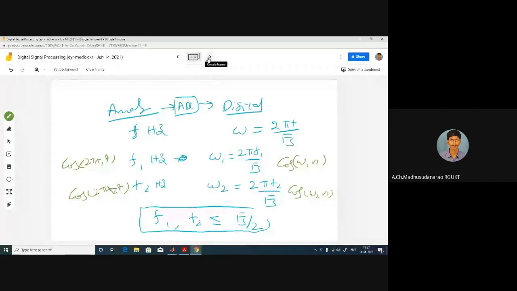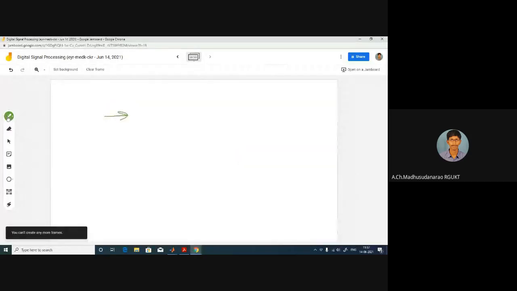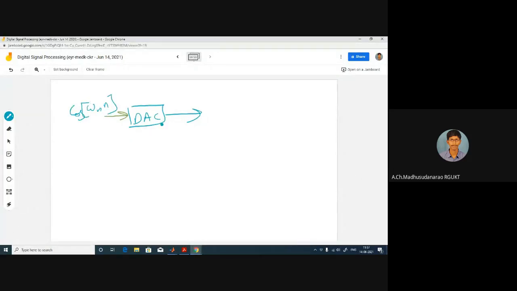Now, there is a mechanism, DAC, digital to analog converter. Forget about the digital signal processor. I'm not doing any extra processing. Now, if I try to apply cos omega 1 n, then what will be my output?